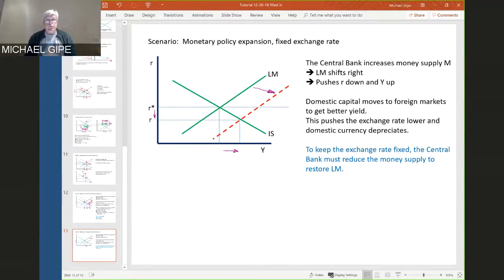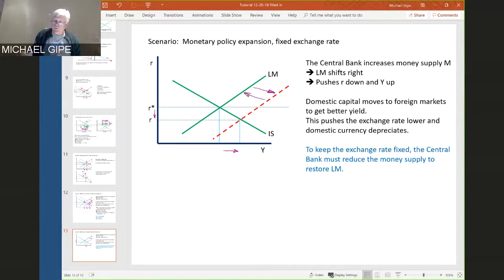But since the policy of the central bank here, or the politics, are to keep that exchange rate fixed for whatever reason, the central bank only has one tool, and that is they're going to have to reduce the money supply in order to restore LM back to where it was.